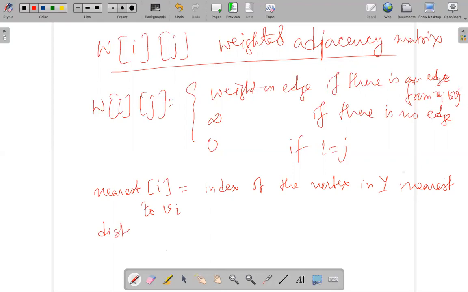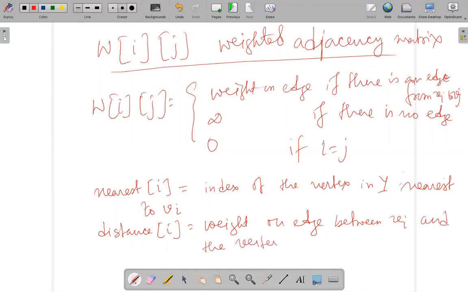And then there is distance I, which is the weight on the edge between Vi and the vertex indexed by nearest I. So I guess you are already appreciating that we are trying to keep track of the nearest vertex and the weights of the edges between any Vi and the vertex indexed by nearest I.